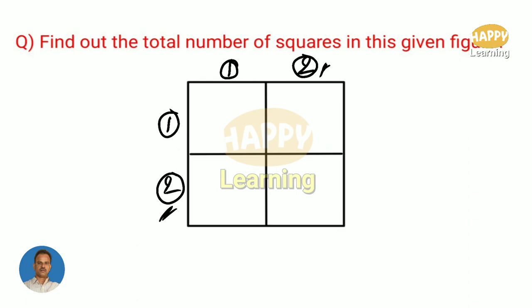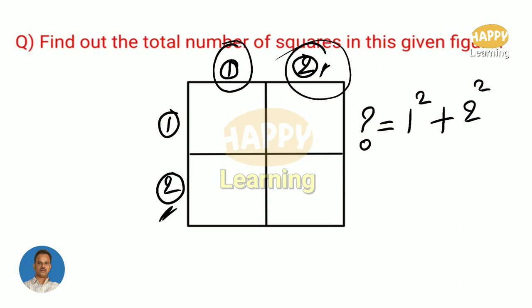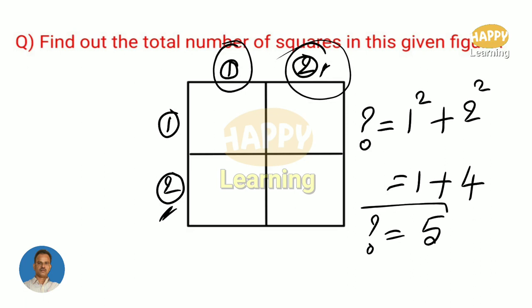So the number of squares is given by 1 square, this is done, plus 2 square, this is done. Over. So the maximum number is 2 here. So that is equal to 1 plus 4, that is equal to 5. So the total number of squares here is 5.